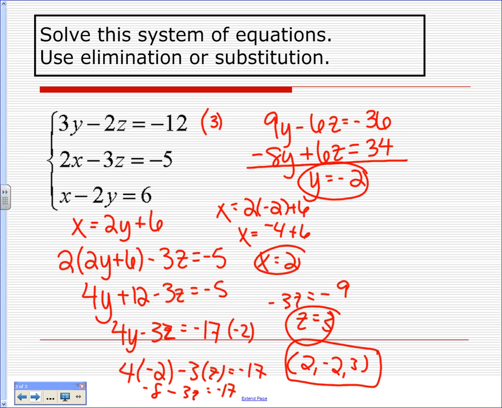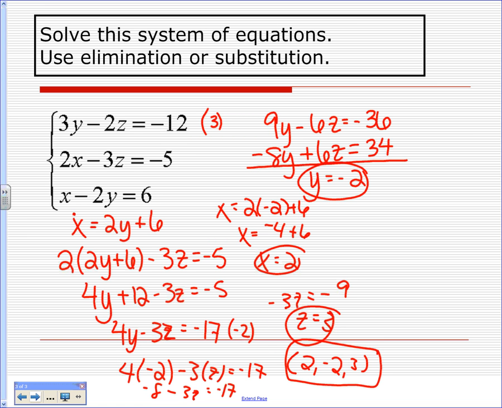Did y'all get 2, -2, 3? Yes. On what part? What did you start by doing? I would start by solving for x and then replacing it here.